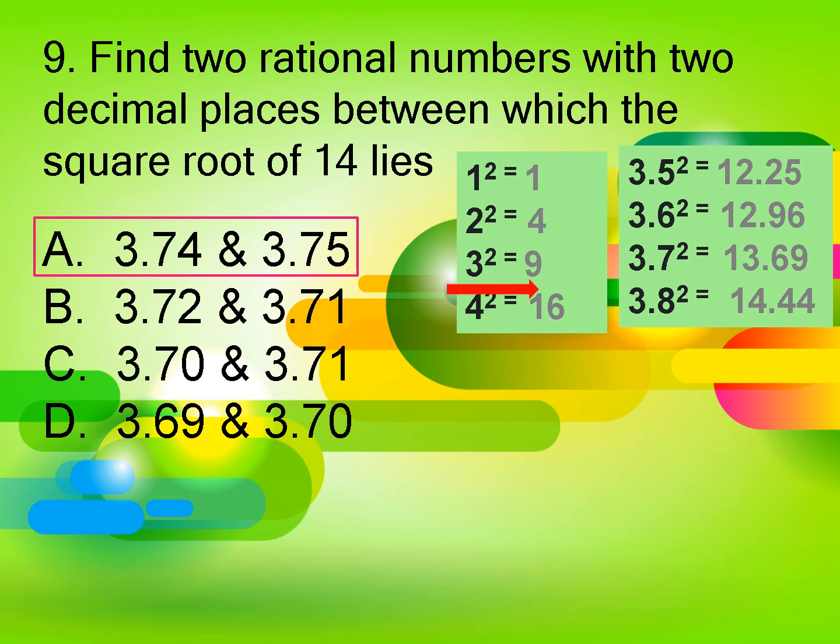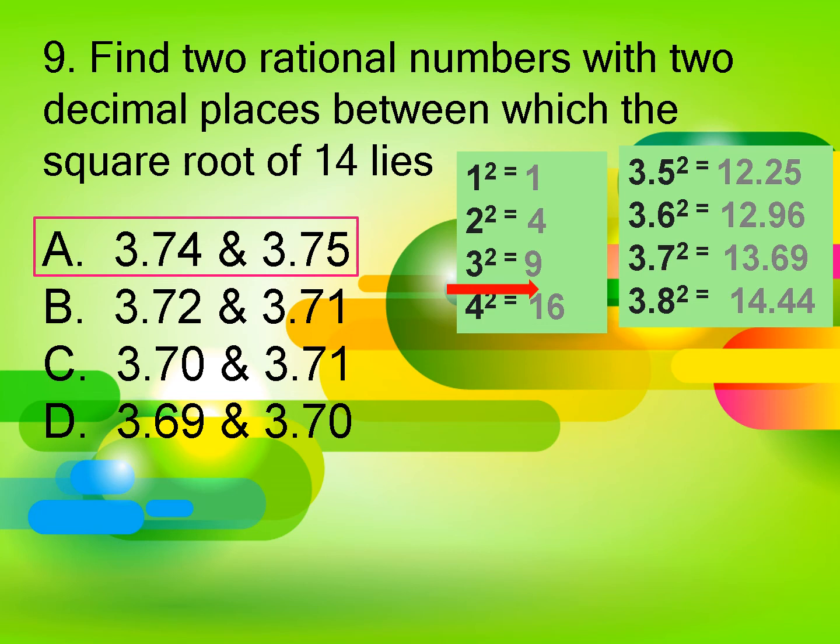So in this case, we started at the middle part, which is 3.5. So 3.5 times 3.5 is equal to 12.25. And 3.6 times 3.6 is equal to 12.96. We use 3.6 after 3.5 because 12.25 is lesser than 14.